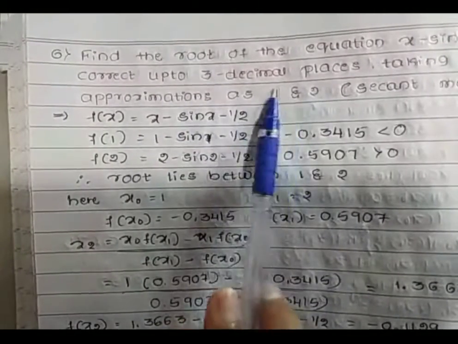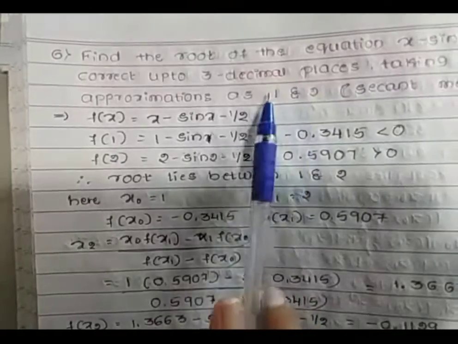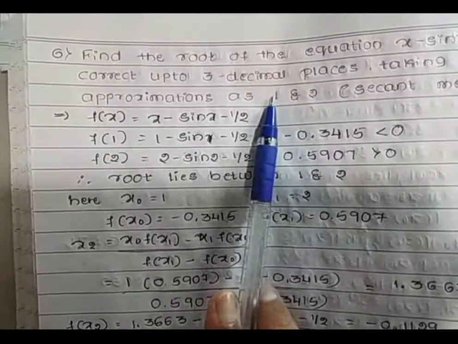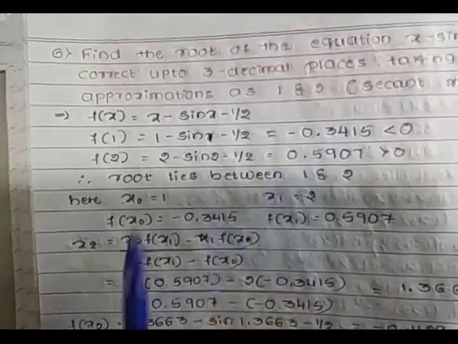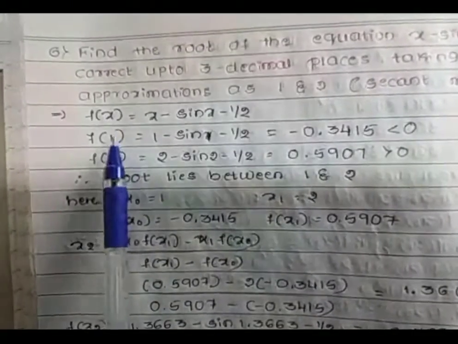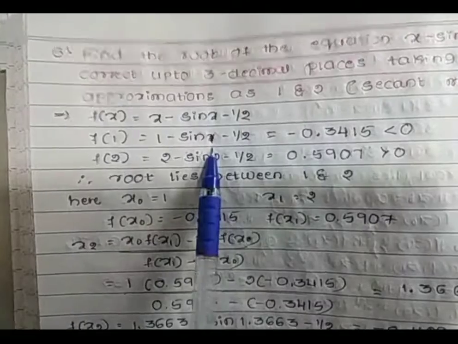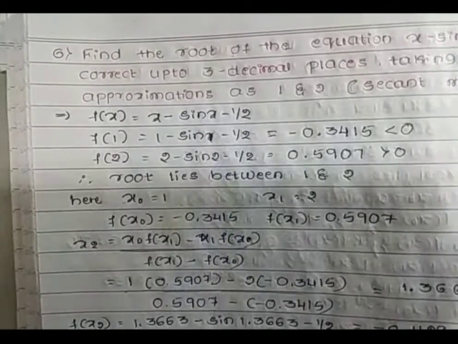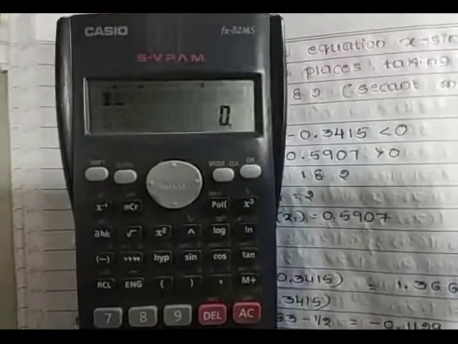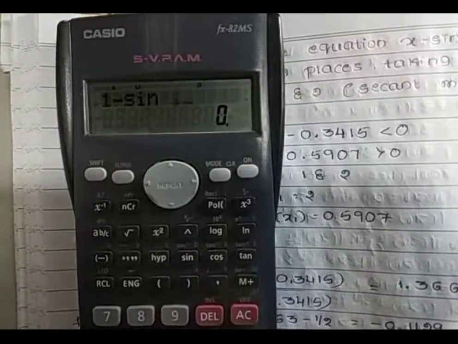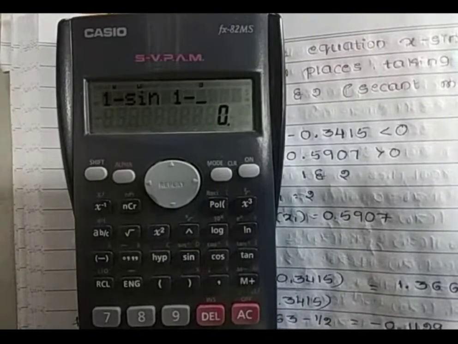Then next, already they have mentioned to consider initial approximations as 1 and 2. It means replace x value using 1. Then 1 minus sine 1 minus 1 by 2. Using calculator we have to simplify here. 1 minus sine 1 minus 1 divided by 2.